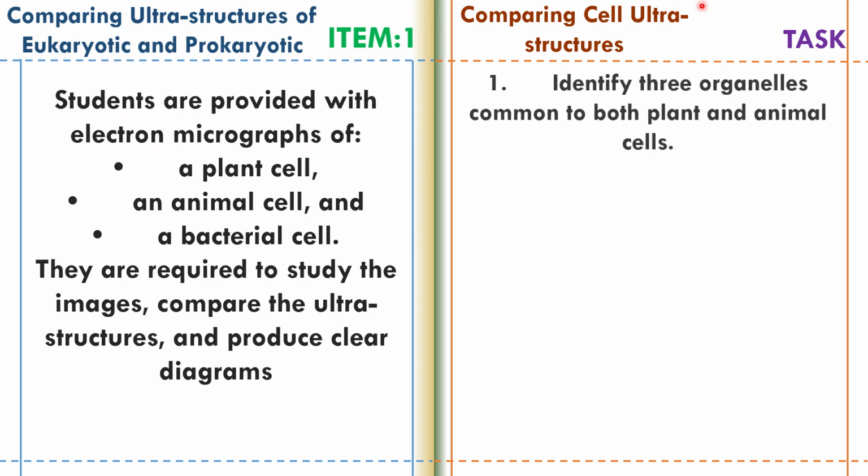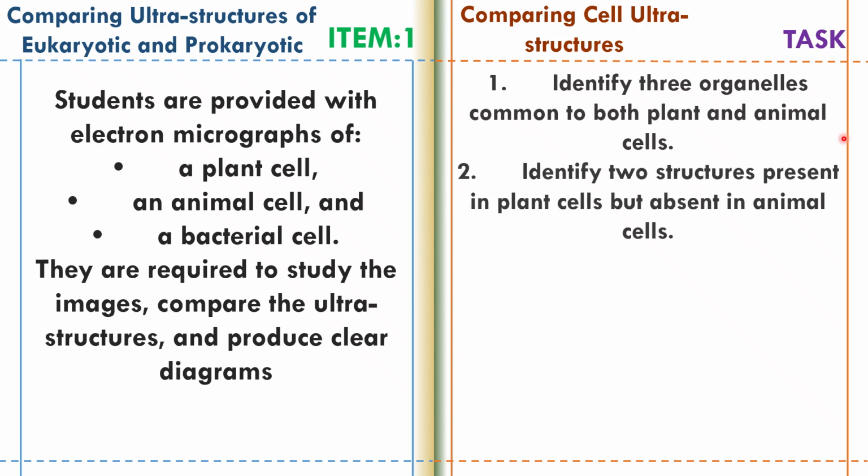Task: identify 3 organelles common to both plants and animal cells. Identify 2 structures present in plant cells but absent in animal cells.